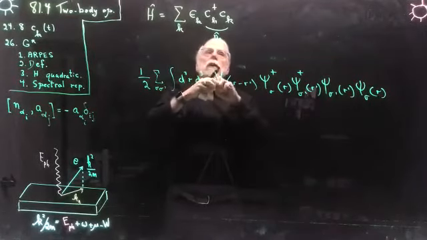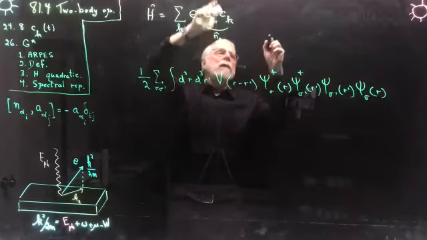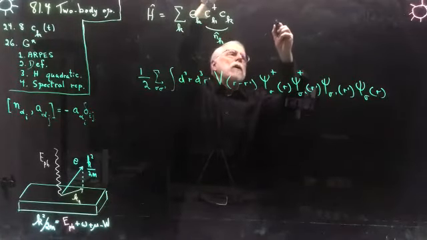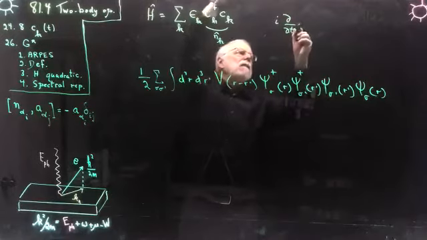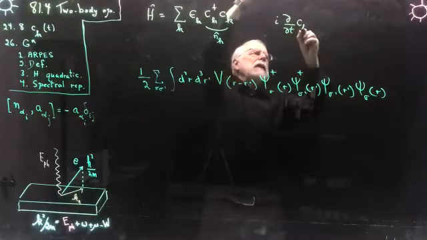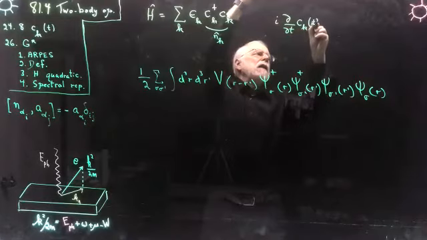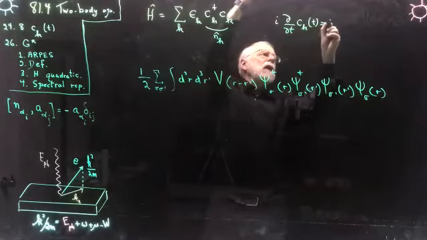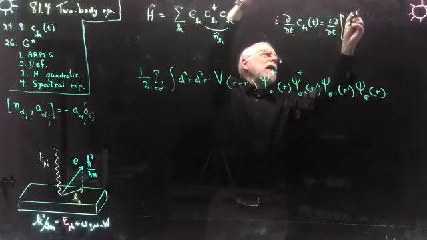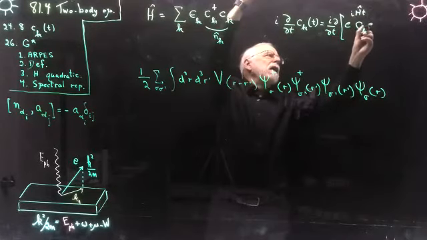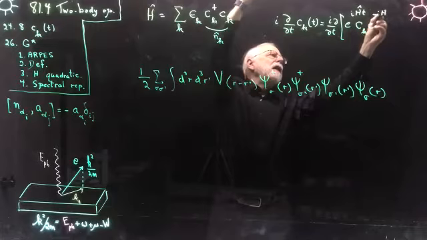Now if I want to know the time evolution of one of these operators, I use the Heisenberg equation of motion. So I take i d dt of ck of t, which is equal to i d dt of e to the i H t ck e to the minus i H t.